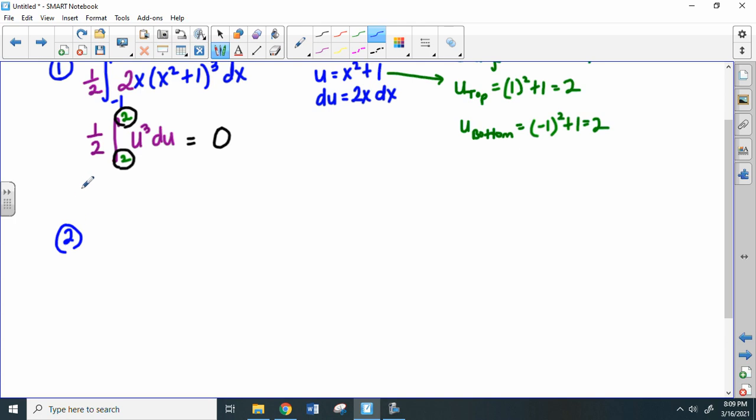Number 2, let's look at the integral from 0 to pi over 2 of cosine of 2/3 x dx. I've thrown a trig one back in there at you. But I only have the one trig function, so what's inside the parentheses is your u.